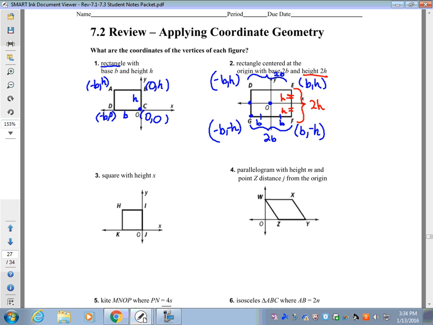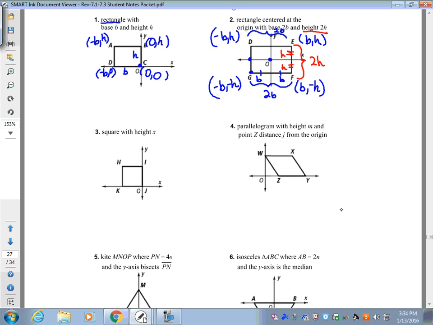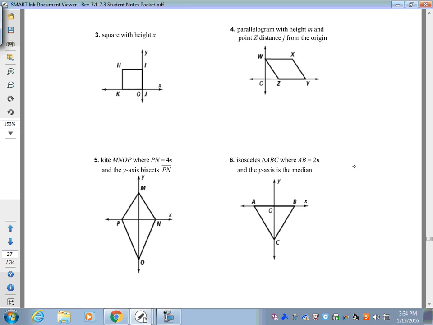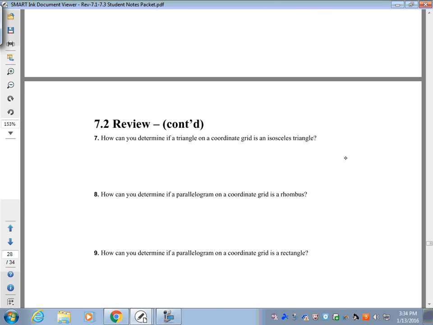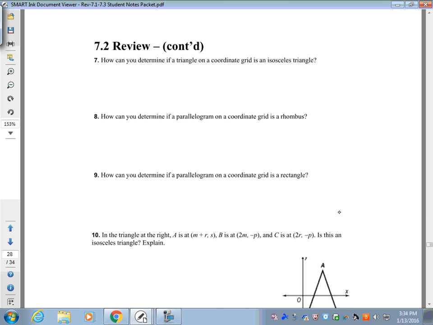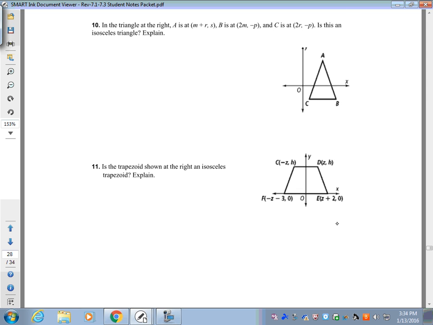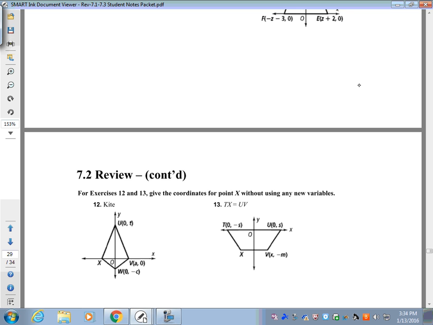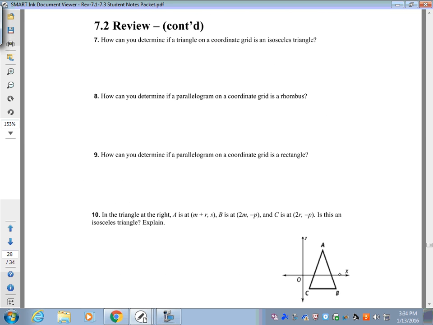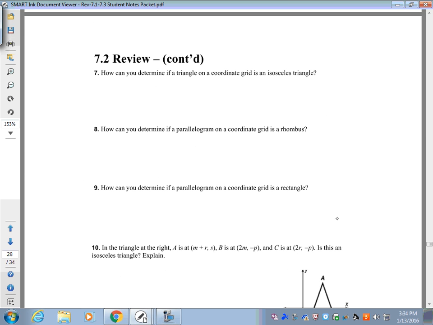Alright, now, the one I want us to make sure we talk about, let me get to it. Oh, here it is. On this page 7.2, they just want to know what formula you would have to use. How would you determine what properties are necessary?